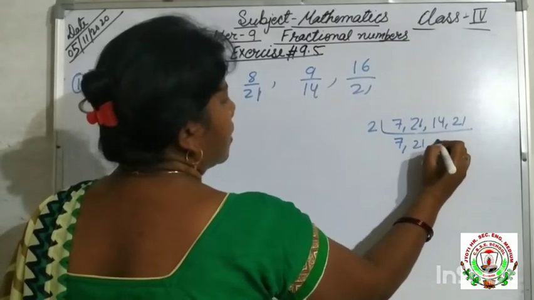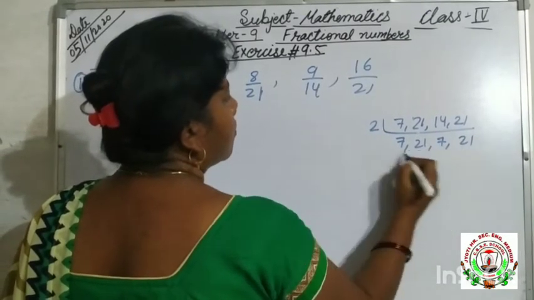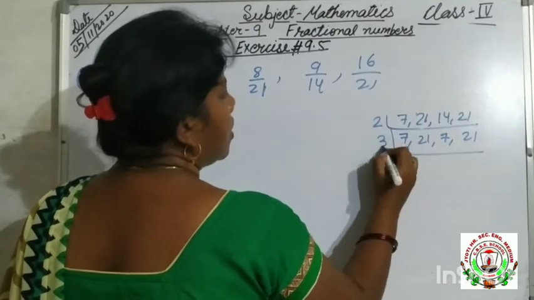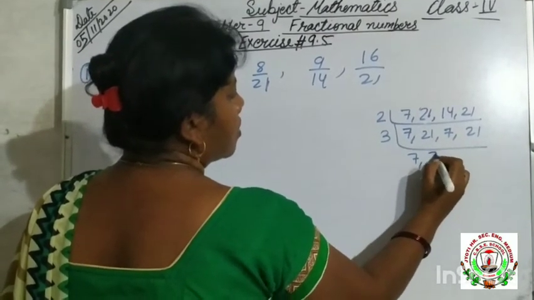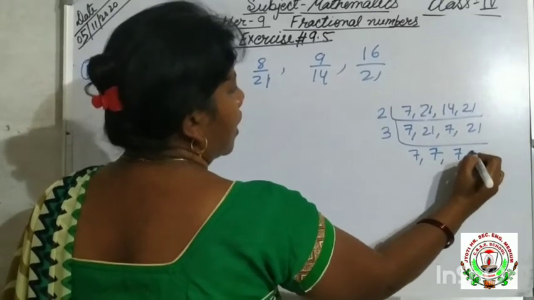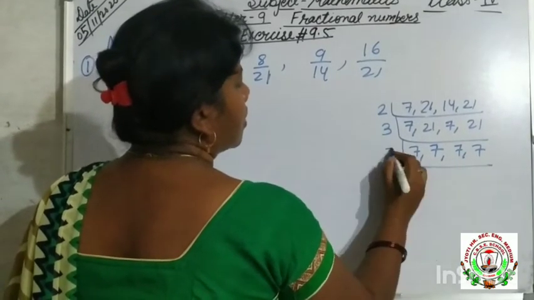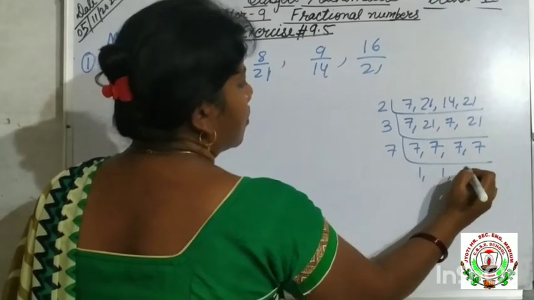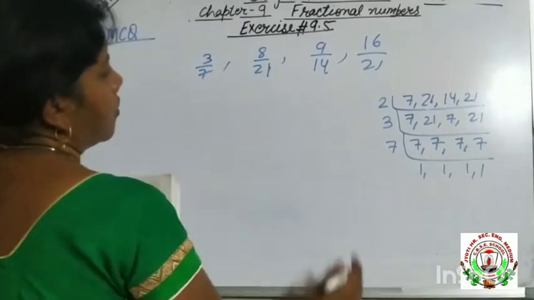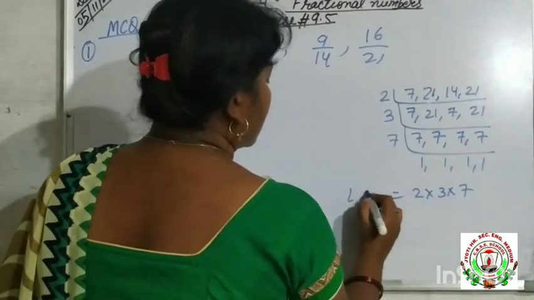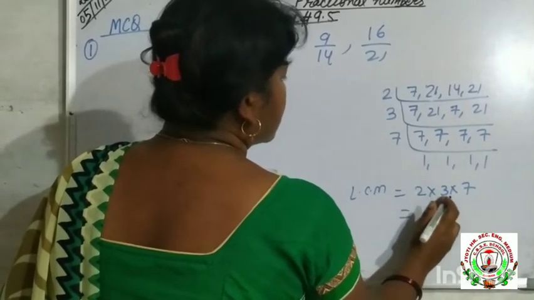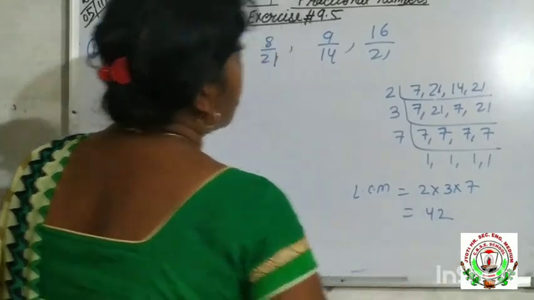The other numbers we will write as they are. Now next 3, 21 is divisible by 3, 7 as it is you will write. 3 7s are 21 and again 3 7s are 21. Then we will take 7. 7 1s are 7, 7 1s are 7. So 2 into 3 into 7. 2 3s are 6, 6 7s are 42.